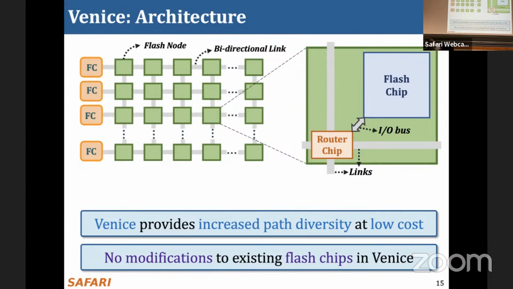But what we have done: for the router chip, we synthesize it with Synopsys Design Compiler and estimate the die area. That die area was quite small because our router is very simple. But the problem is that the area of the router chip is dominated by the I/O pins.